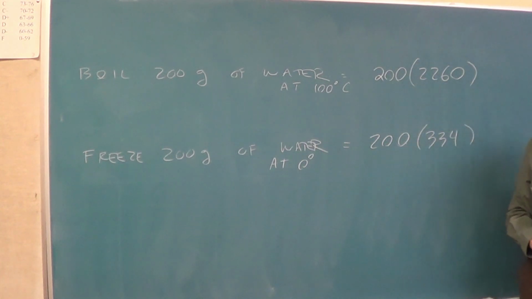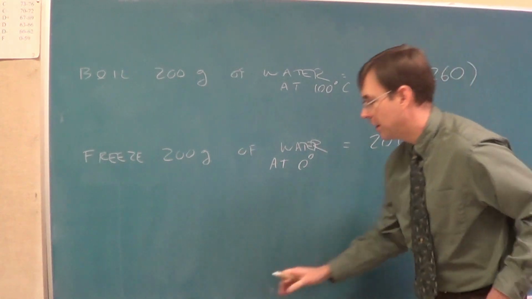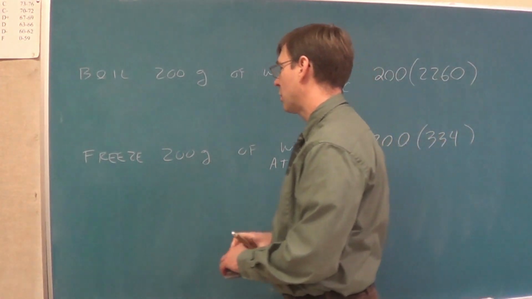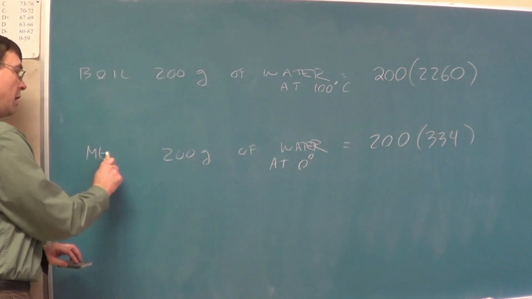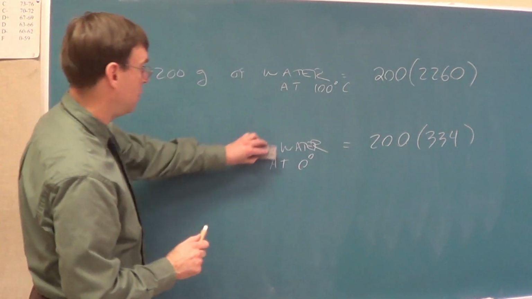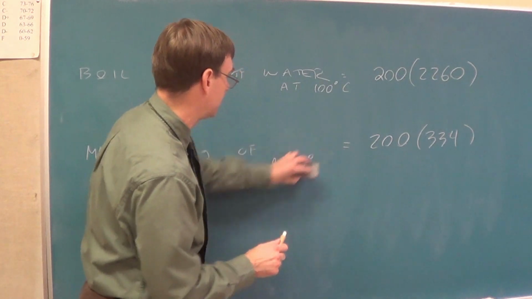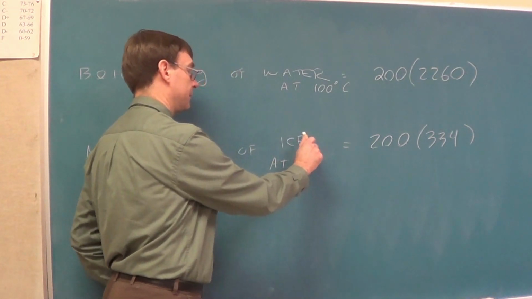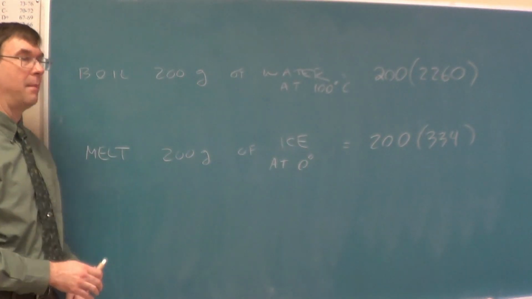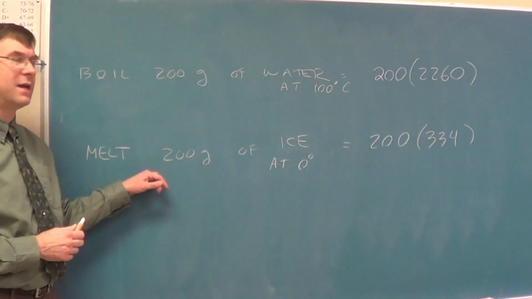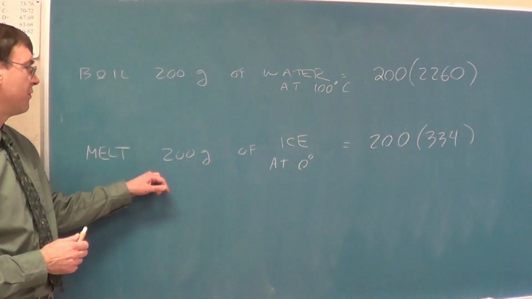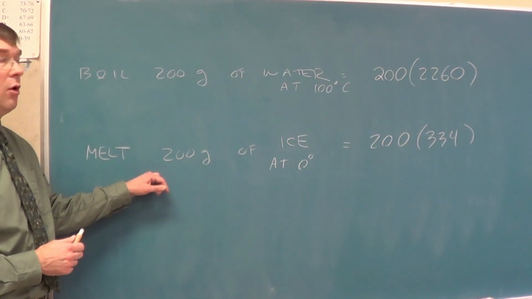And let's add on a level of complication. I'll do a small twist, then I'll make it more complicated. If I asked you if you were going to melt 200 grams of ice, how many joules would you get out of that? Anybody have a thought on what would happen if instead of freezing water, I asked you to melt ice?